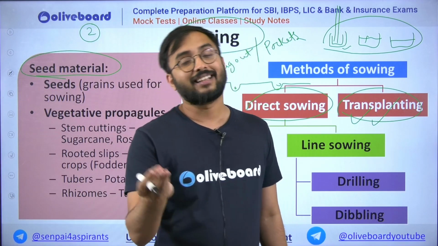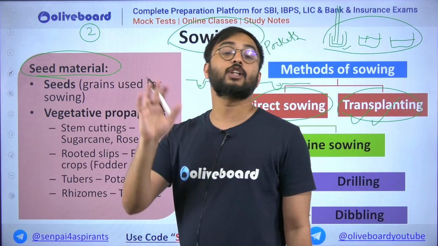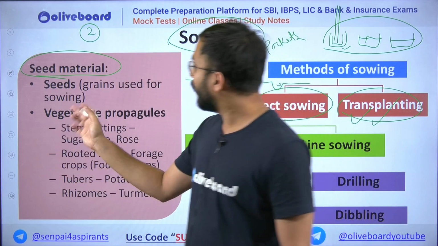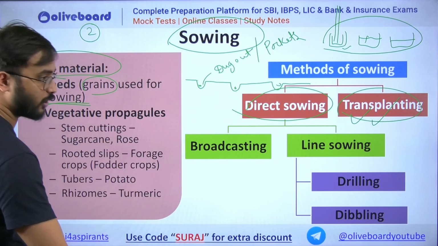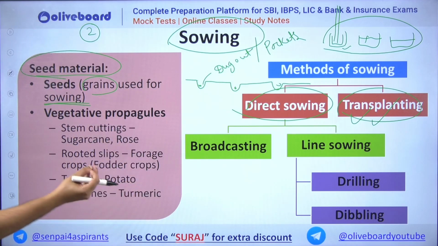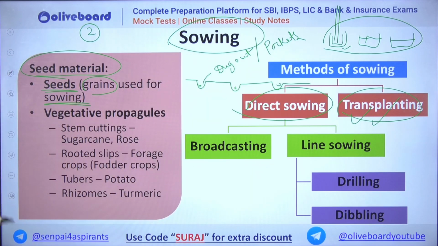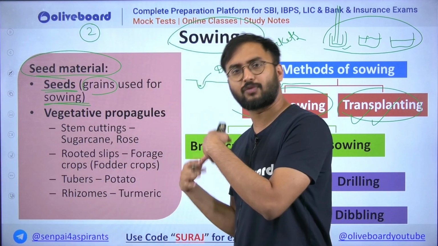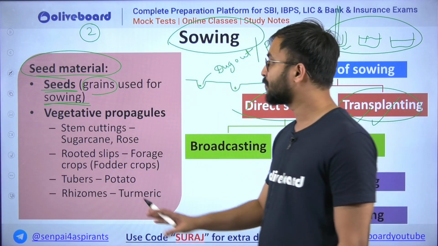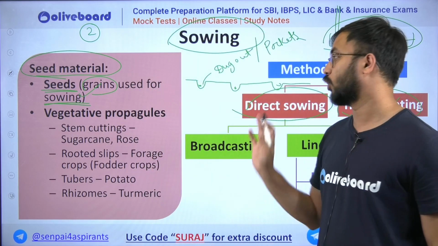Rice, for example, can be used for eating, consumption, where it is called grain. When such grains are sowed into the soil, they lead to new crop growth. Such grains are called seeds. There is a difference between seed and grains, which we are going to see in our further chapters of seed science. But generally, seeds are nothing but grains which are used for growing the crops.